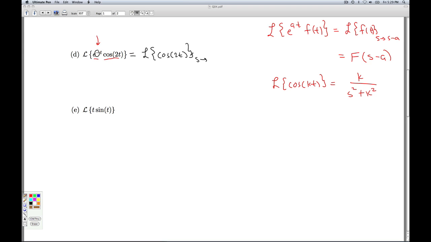A in this case is negative 1, so s minus a is s plus 1. This is going to be s over s squared plus 2 squared in accordance with this formula, and I have to remember I need to shift the s. And so my final answer is s plus 1 over s plus 1 squared plus 4.